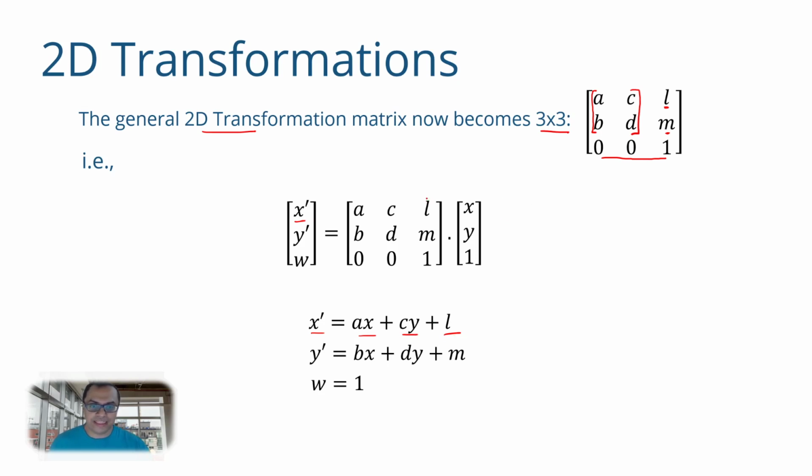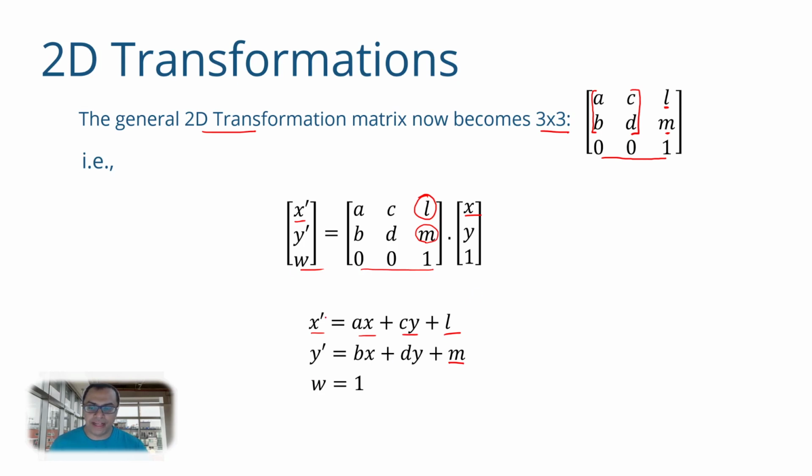You can see that this adds up to the x coordinates, and similarly, this quantity here adds up to the y coordinates. So they are the translations that show up in the 3 cross 3 matrix, and W just stays 1 because we have put the last row as 1.